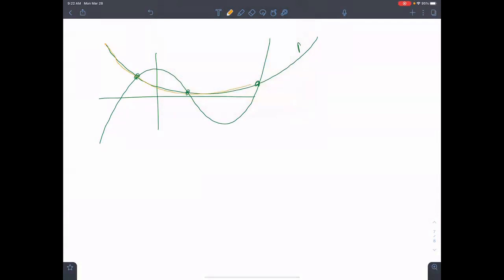This is f of x here, and then this guy is g of x. So say this happens at 2, this is at 5, and this is at negative 1 or something. So what you would do is the integral from negative 1 to 2 of g of x, because that's the top, minus f of x.